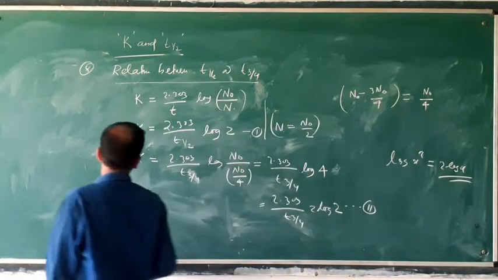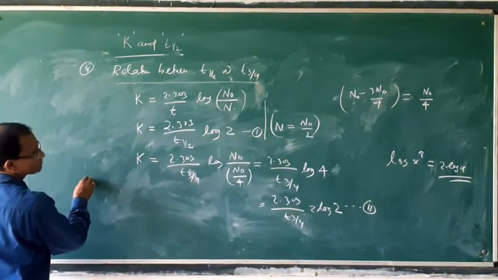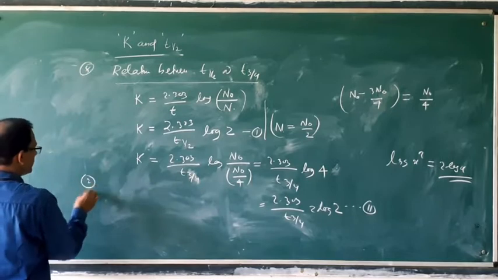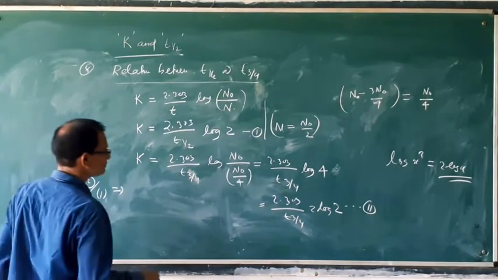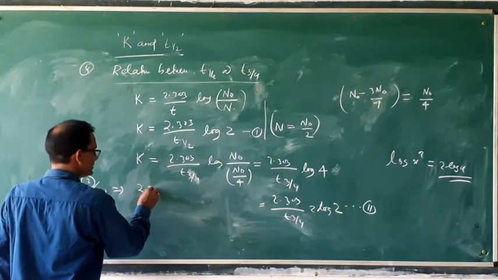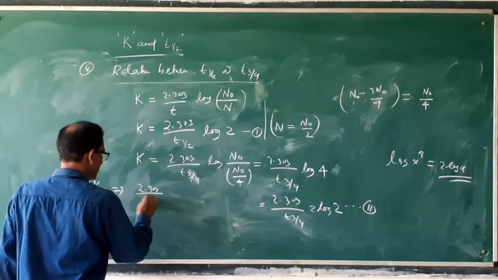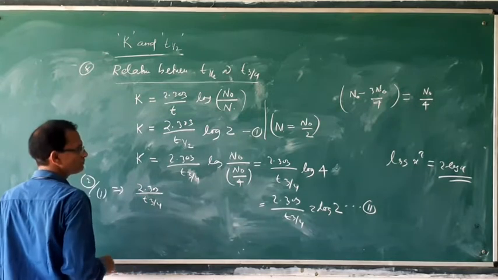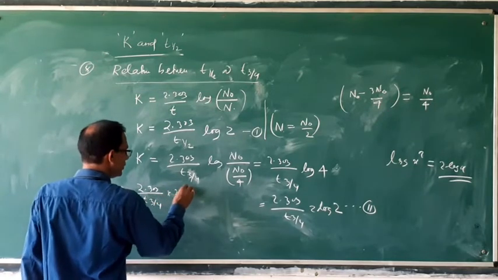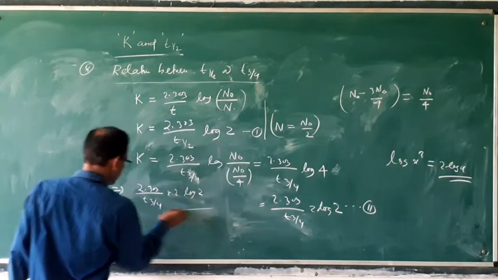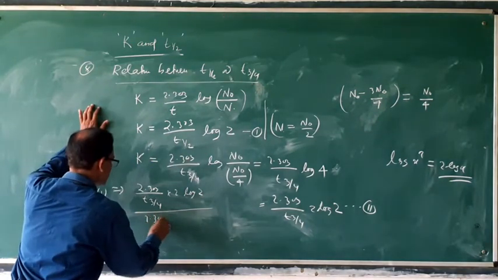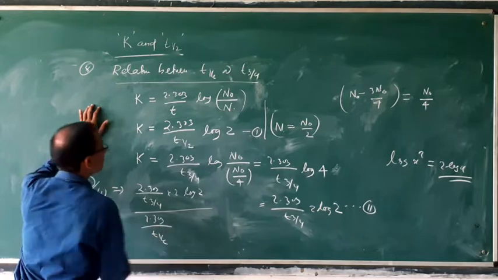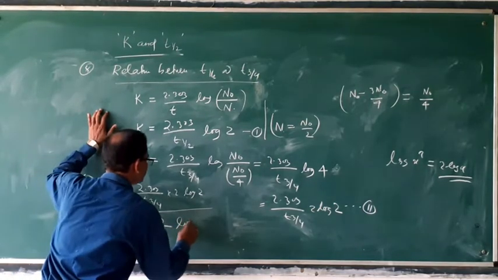This is equation 1. Now divide equation 2 by 1. What will you get? 2.303 by T 3/4 into 2 log 2, upon 2.303 by T half log 2.